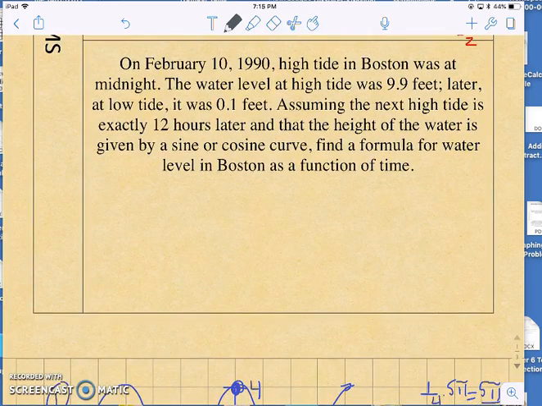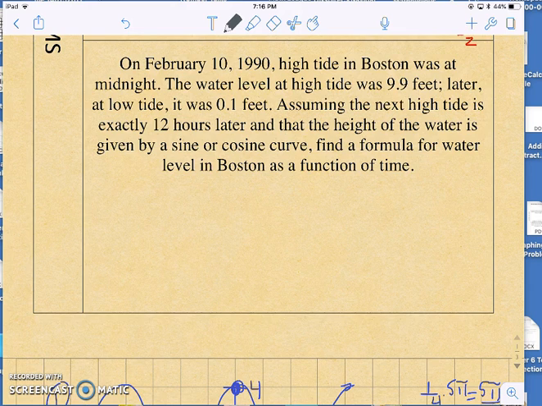So the third one here: on February 10th, 1990, high tide in Boston was at midnight. The water level at high tide was 9.9 feet. Later at low tide it was 0.1 feet. Assuming the next high tide is exactly 12 hours later, write a cosine curve.